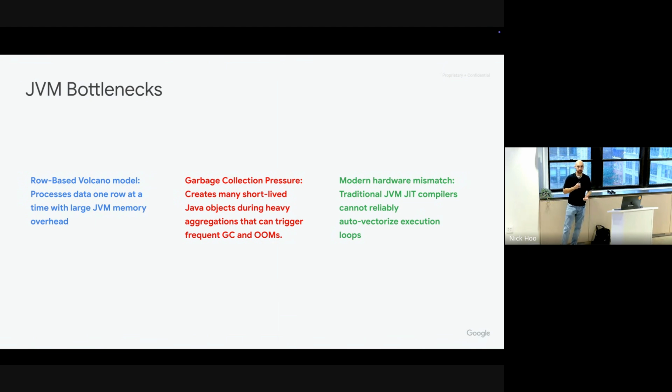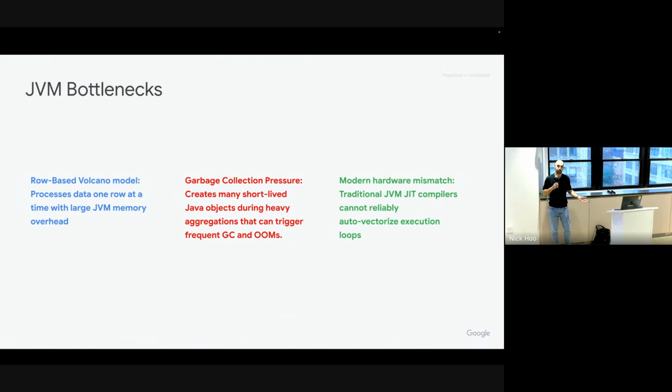Traditional JVM just-in-time compilers can't necessarily reliably auto-vectorize execution loops. So the high-level takeaway here is that the JVM doesn't necessarily natively do columnar processing. As I'm sure you're all familiar with Parquet, that tends to just be a more efficient way to do it, especially as you're dealing with large-scale data. The JVM is not optimized to do that.